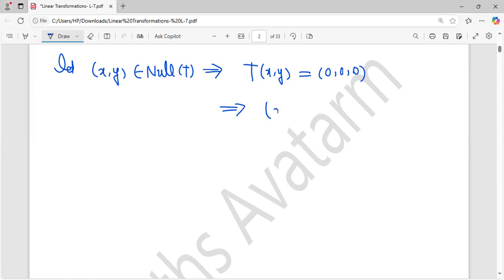This implies (x plus y, x minus y, y) is equal to (0, 0, 0).